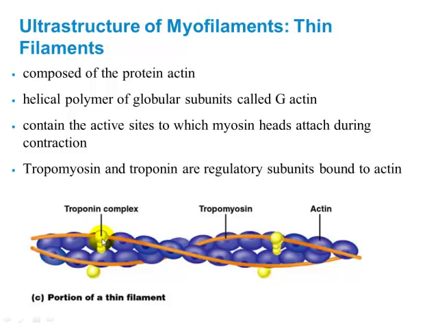What that bracket does is it holds tropomyosin in place. And that tropomyosin is blocking all of the active sites on actin. It's actually blocking the myosin from interacting with actin. These are considered regulatory subunits because they are going to regulate the interaction between actin and myosin.